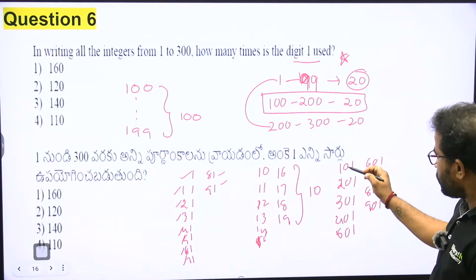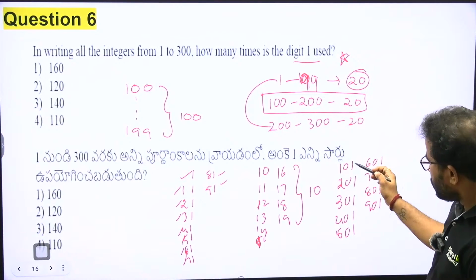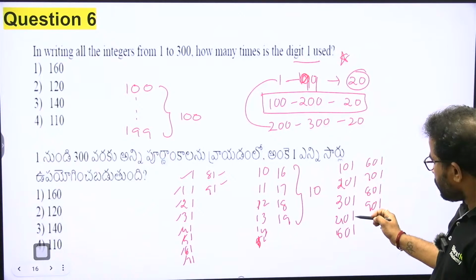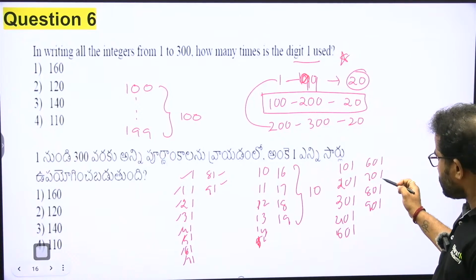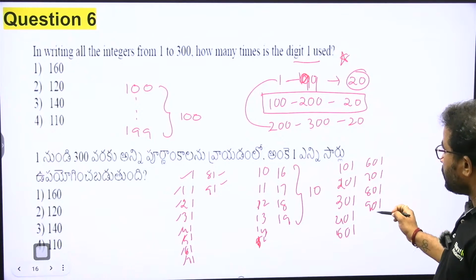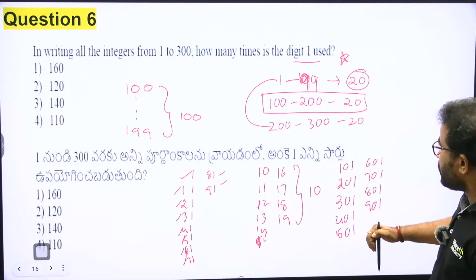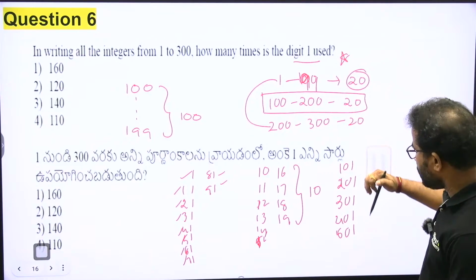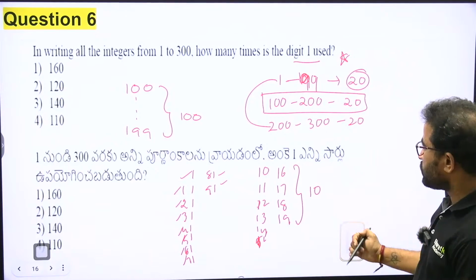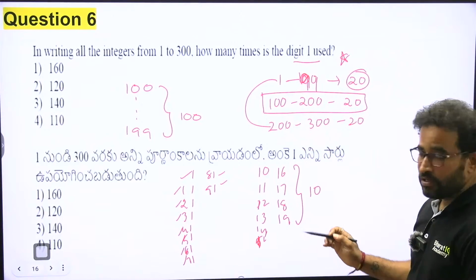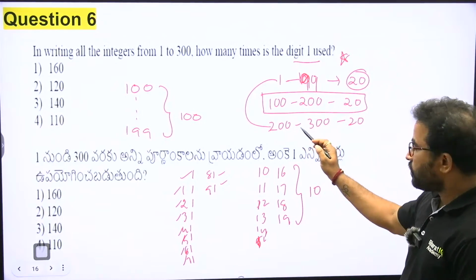So 101, 201, 301, 401, 501, 601, 701, 801 and 901. This is the 900 point of view, they are not asking about that here; only this value is considered as the unit digit value. The unit digit value is 201.